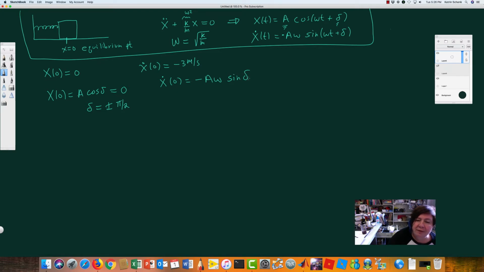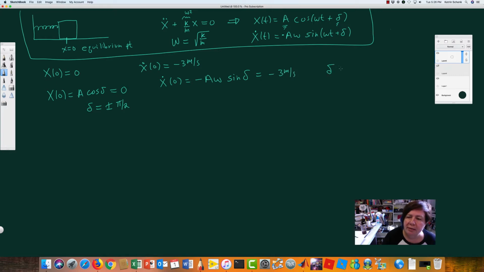And now we have to decide on the sign of delta. So if delta is positive pi over 2, then we will get a negative sign here, because we already discussed that a is not negative, neither is omega, and we'll get our negative velocity, because this whole thing has to be minus 3 meters per second.